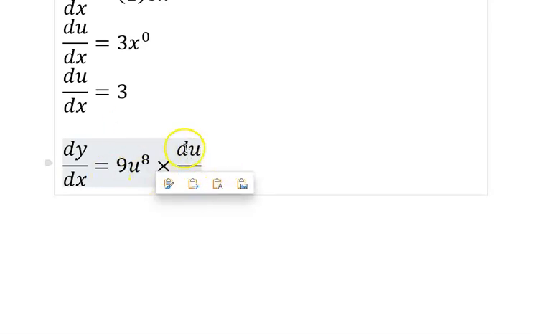And what's our du dx? Our du dx is here, which is 3. Awesome. So our dy dx is 9u raised to power 8 times 3.